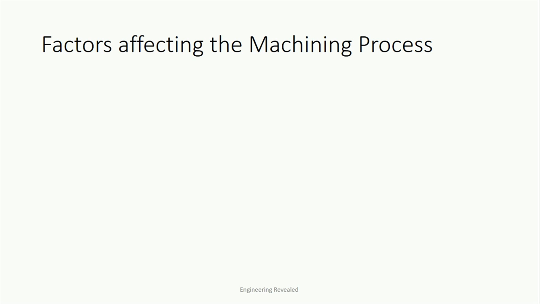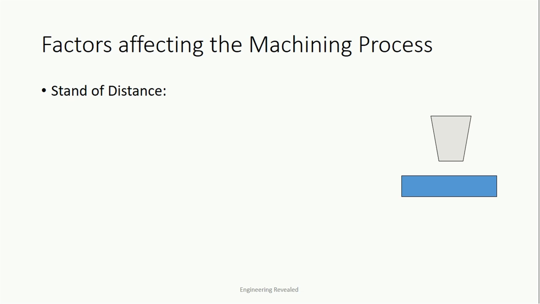Later, a few factors also affect the machining process. In very short, I am describing them. First one is the stand-off distance. What is stand-off distance? This distance is known as stand-off distance. If this distance is less, the abrasive particle cannot get enough acceleration to strike.